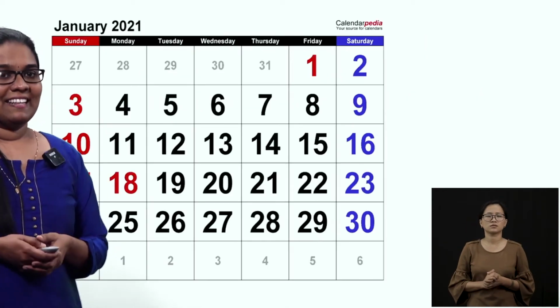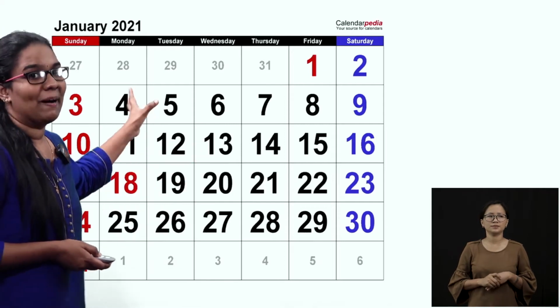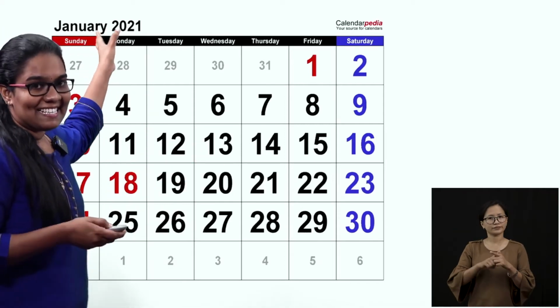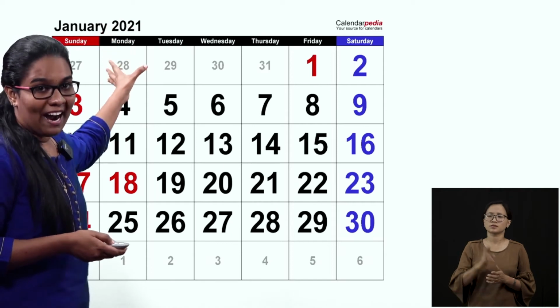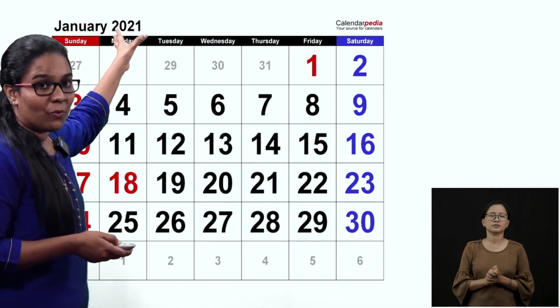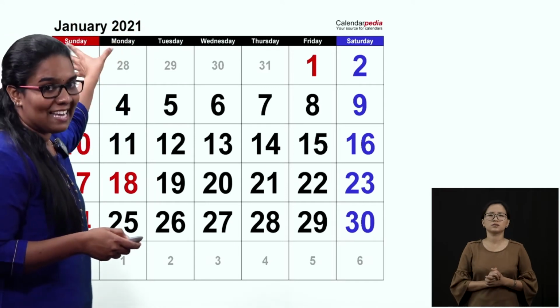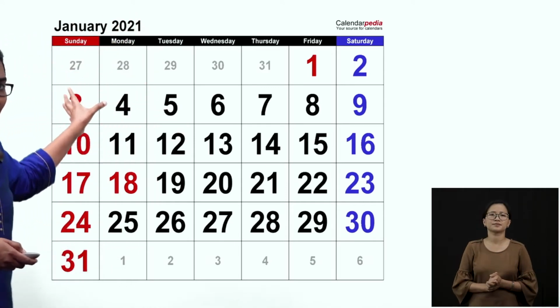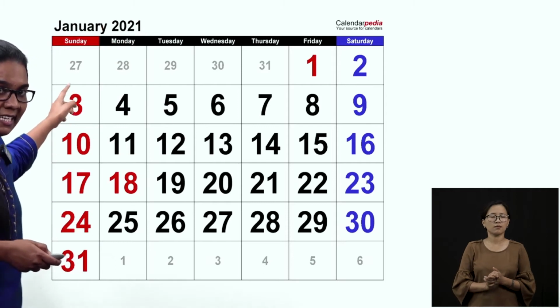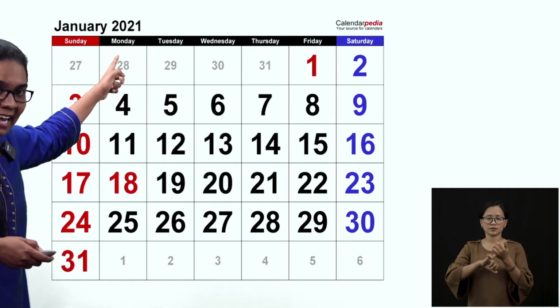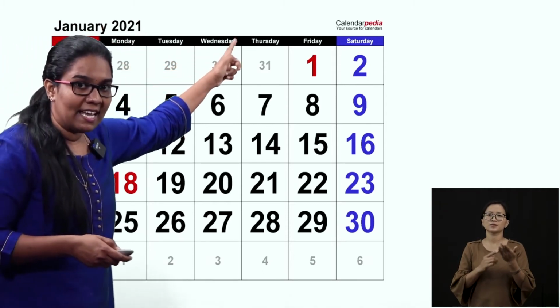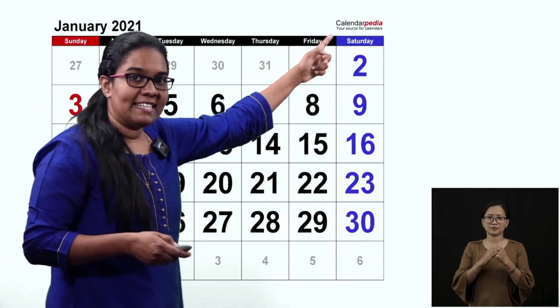Then this is the month of January. This is a calendar of 2021, this current year. Look carefully at this month. This is Sunday, Monday, Tuesday, Wednesday, Thursday, Friday and Saturday.